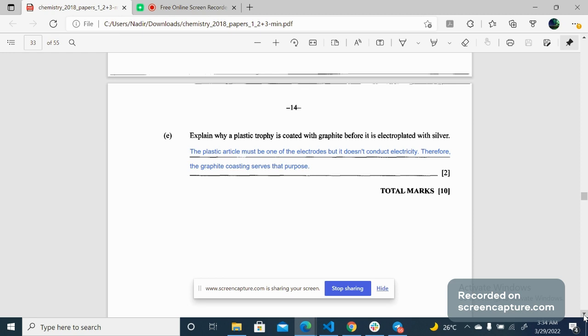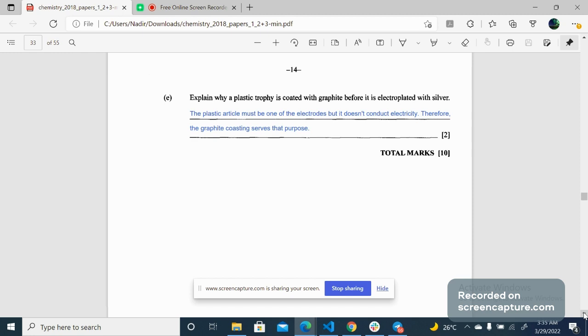Graphite coating makes the surface conductive, and then the cations will move towards the cathode, which is the plastic object coated with graphite, and hence electroplating gets done in the case of plastics. This is why graphite is important here.